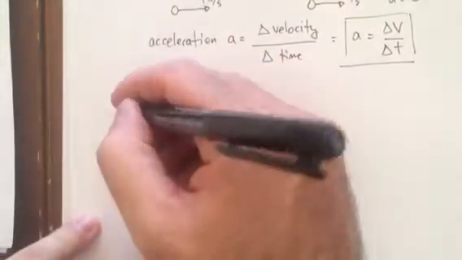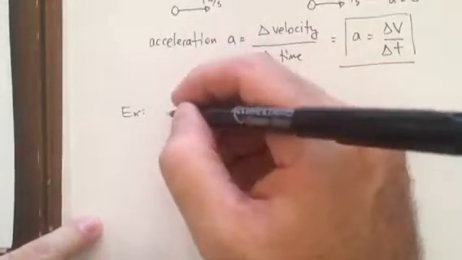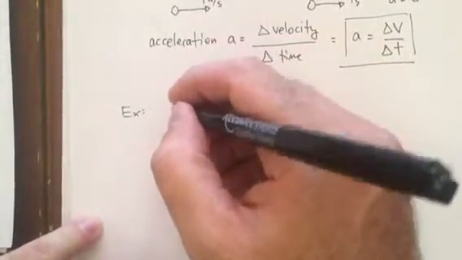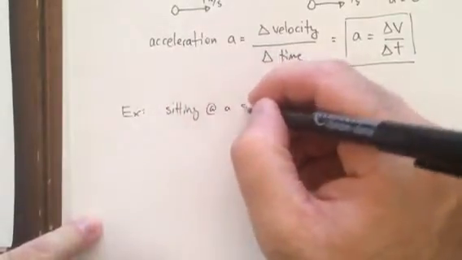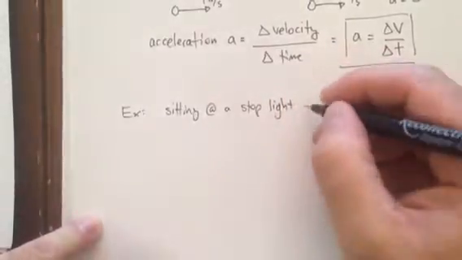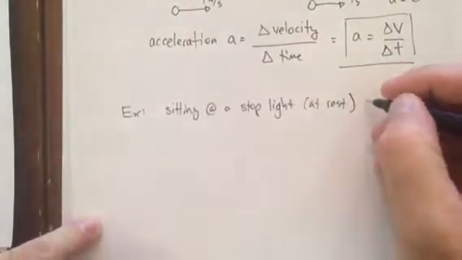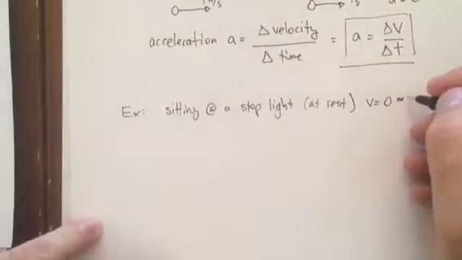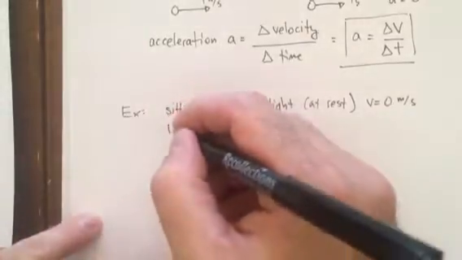Let's do an example. Let's say we're sitting at a stoplight. At rest, which means our velocity is 0 meters per second. The light turns green.